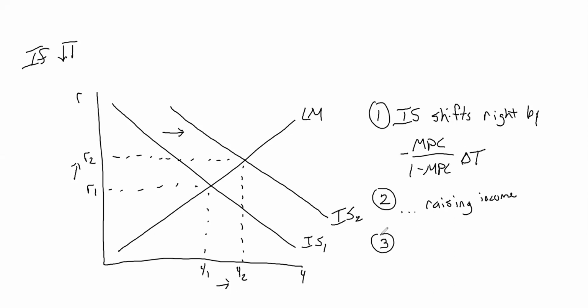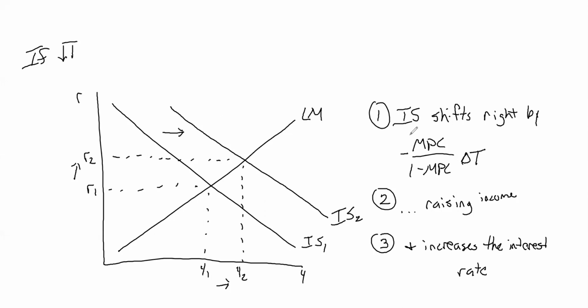That increases the interest rate. And so the IS curve shifts to the right by that total tax multiplier, but total income does not increase by that total tax multiplier. That's because we're allowing the interest rate to shift. We're trying to get a more complete picture of how the entire economy behaves in response to a change in taxes.